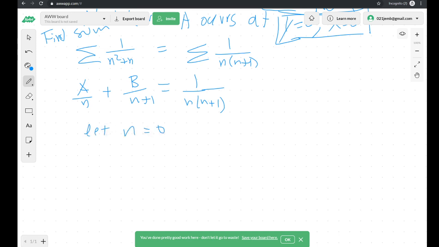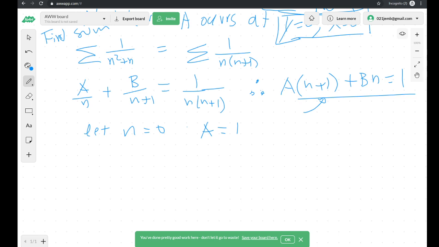So if we find the least common denominator over here, we have that a times n plus 1 plus b times n equals 1. So this is what we find from the common denominator. And so if we let n equals 0, we find that a equals 1. We substitute 0 into this equation for n.